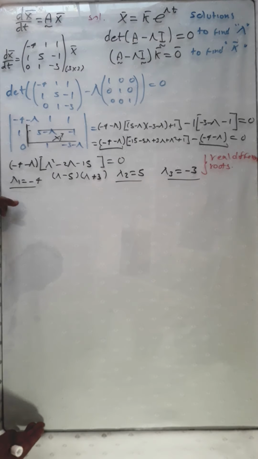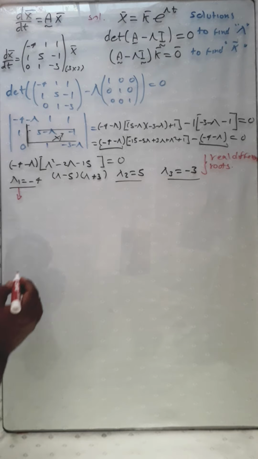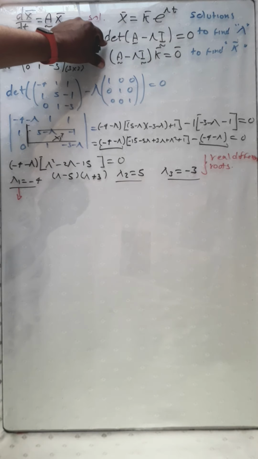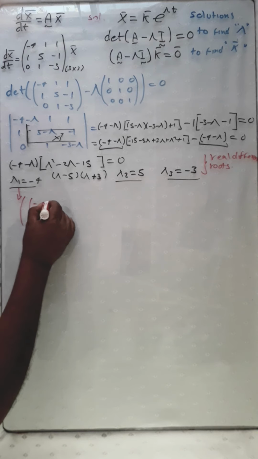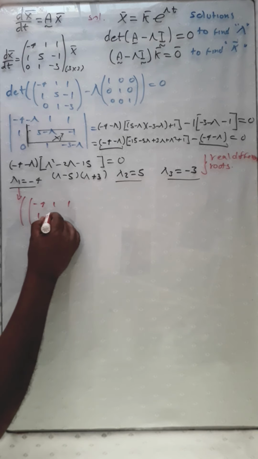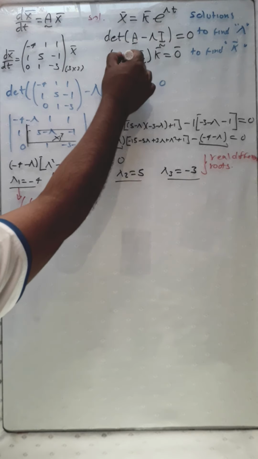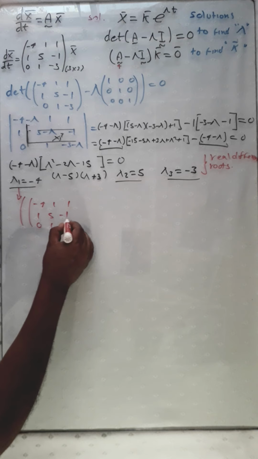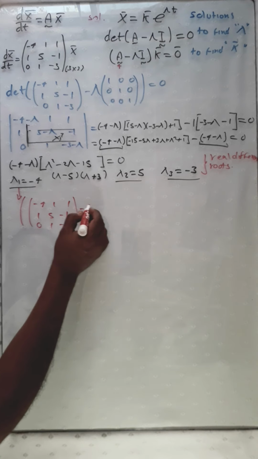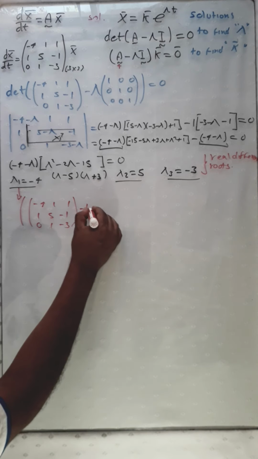Because of the space, I may only find the first one, but the procedure will be the same for the other two. Alright, now let's use this one first, and let's use this equation. So the matrix is going to be minus 4, 1, 1, 1, 5, minus 1, then 0, 1, minus 3, minus lambda, the value of lambda in this case minus 4.